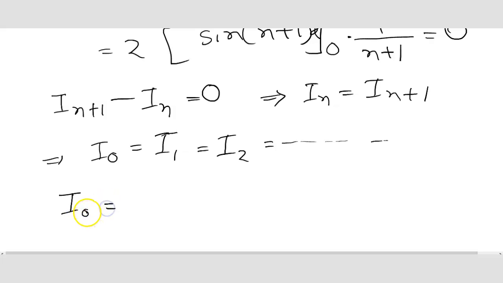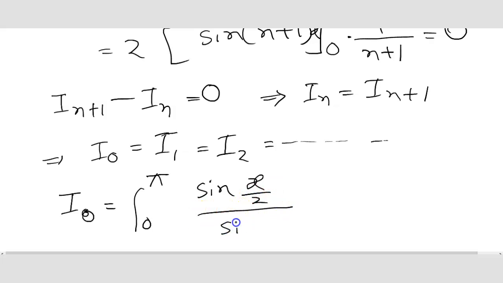I_0 will be simple. Just put n equals 0, and the formula will become simple like this: sin(x/2) divided by sin(x/2).